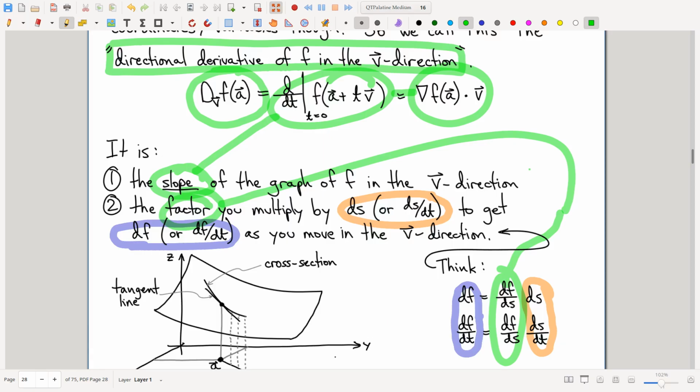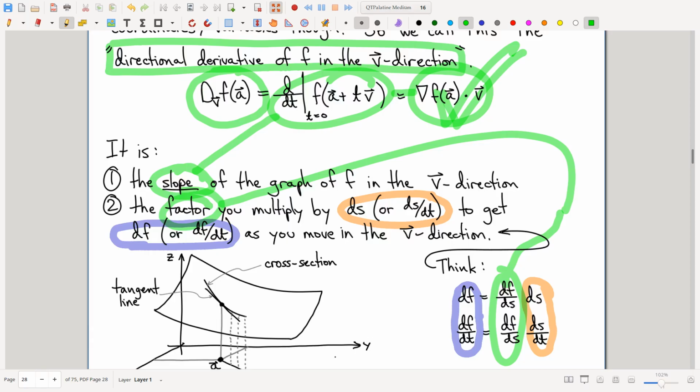You can think of it as rate of change of the function with respect to distance, not to be confused with rate of change with respect to time. And it's computed by this handy-dandy little formula right there. So we just developed an entire machinery of this powerful idea called a directional derivative just by ripping off what we already knew about partials.